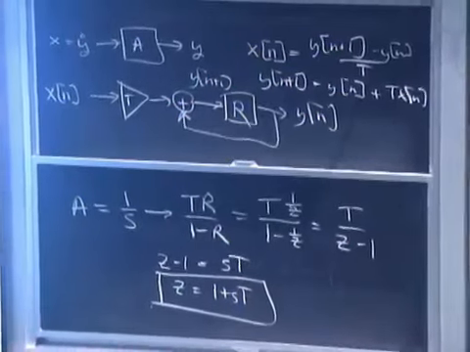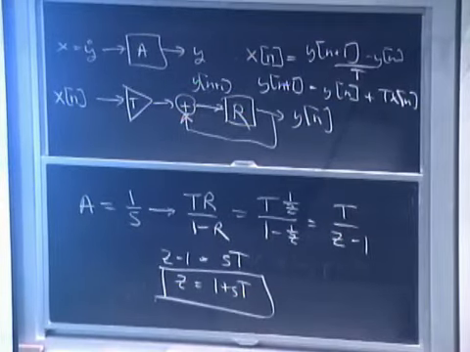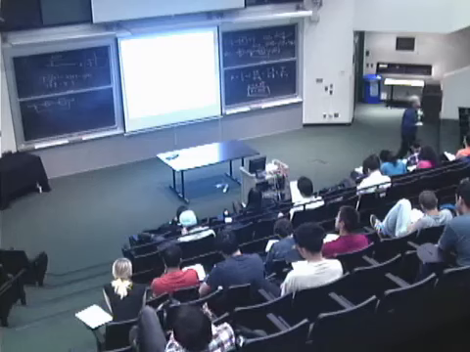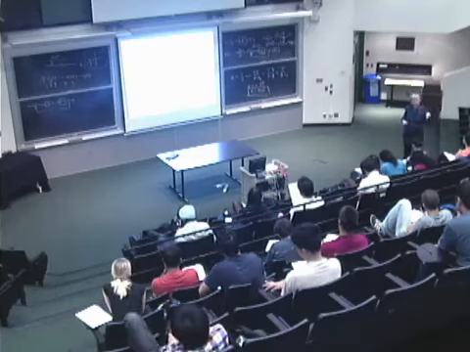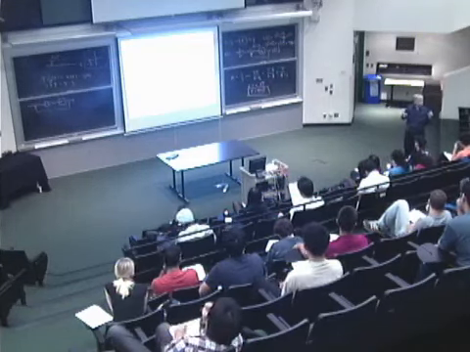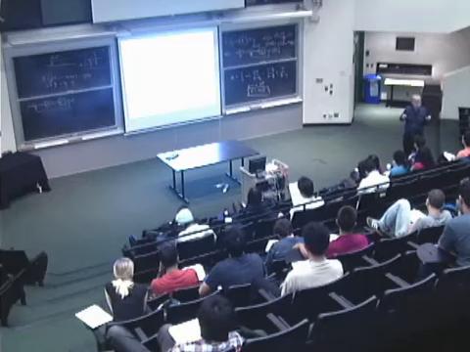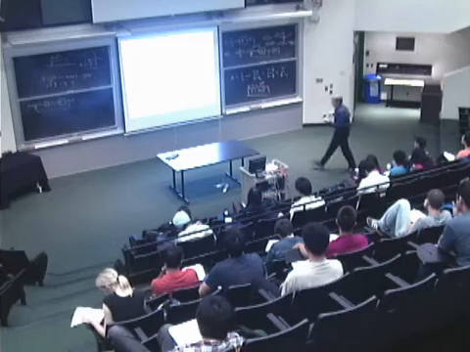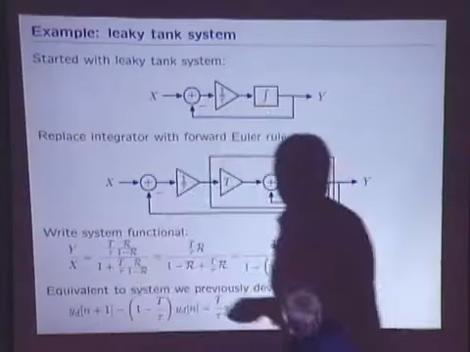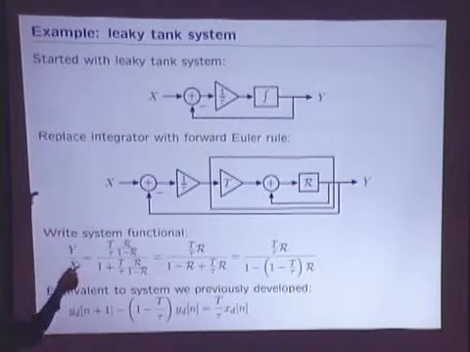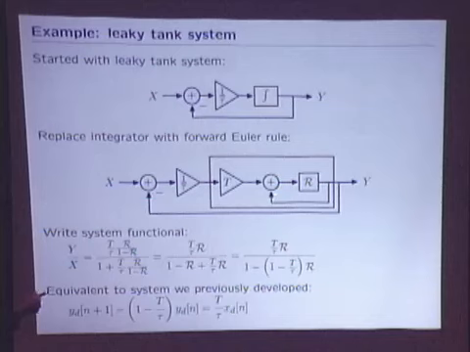Regardless of what CT system I started with, if I use the Euler forward relationship to make a DT approximation of the integrator, the resulting transformation will always have that property. That's exactly what we saw over here. So we think about the A's in the original system being mapped to something that's a little bit more complicated, but it's a DT representation.